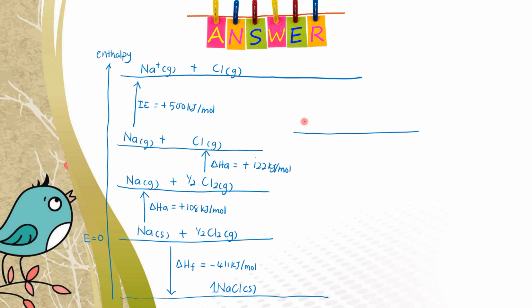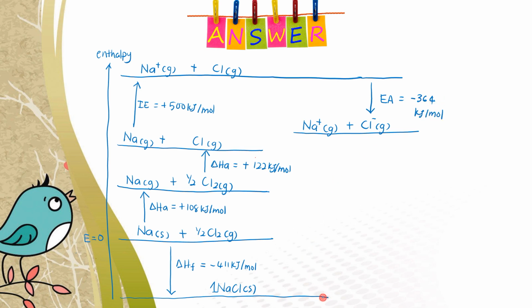Okay. Right, so copy it back for Na plus gas, plus Cl minus gas, because it gains 1 electron. And then arrow downwards. And then label, this is EA, negative 364 kilojoule per mole.